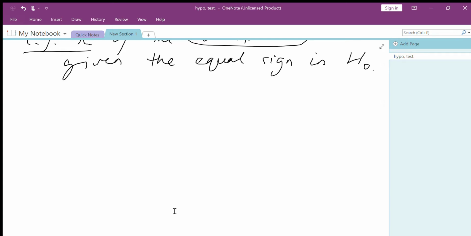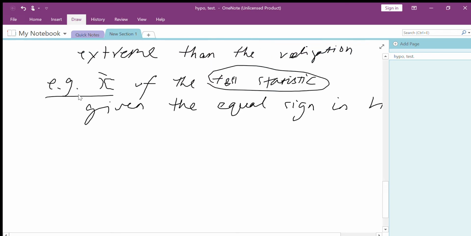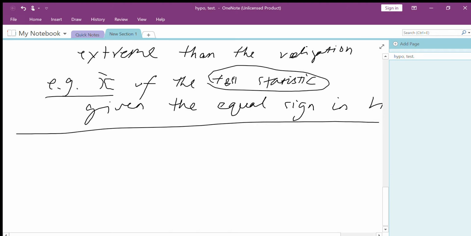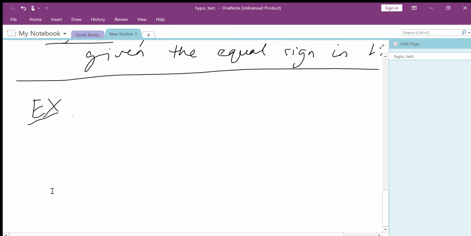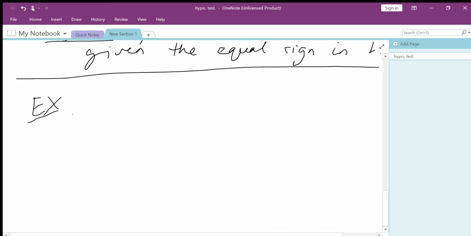So let's say example. The example, like, so the first step, we established hypothesis testing.